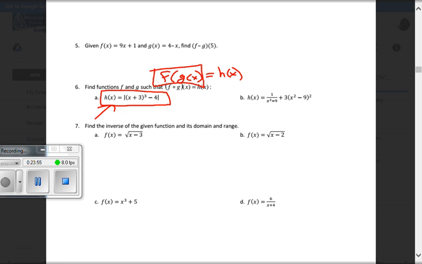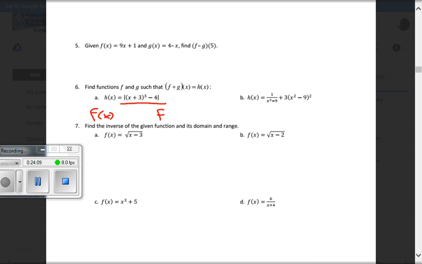Instead of composing a function, taking this function and putting it in the other one, we're taking the answer and breaking it up. Decomp. So if this is the final answer, what could f of x have been, and what could g of x have been? Well, you start with the one on the inside, and g's the one on the inside, and you say to yourself, this could have been the thing that got put in the other one.